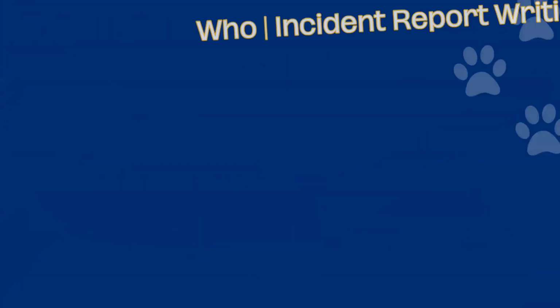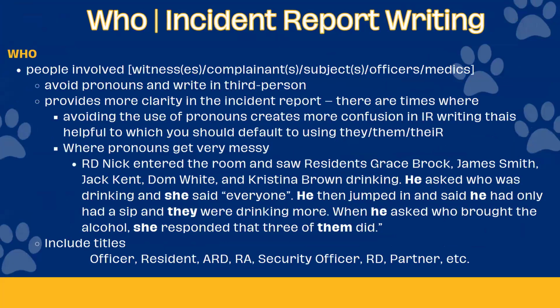As we dive into the crucial aspect of incident report writing, let's focus on the people involved. When writing your report, it's essential to clearly identify all individuals involved. This includes witnesses, complainants, and subjects. Remember to use third-person references. Avoid pronouns to maintain clarity. For instance, instead of saying she said, specify who she is.